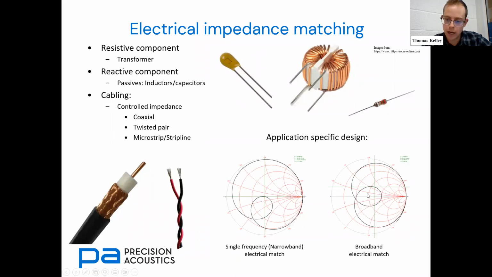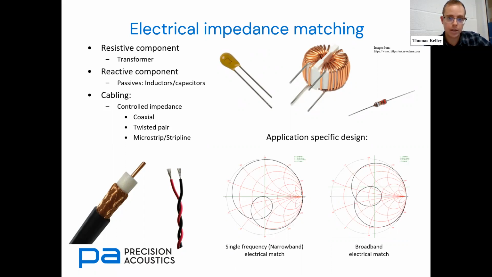Or we could choose a broadband match where there's no single frequency at 50 ohms, but there's a really wide range of frequencies that are kind of equidistant to 50 ohms. So the kind of electrical match you may wish to perform, again, will depend on your application.